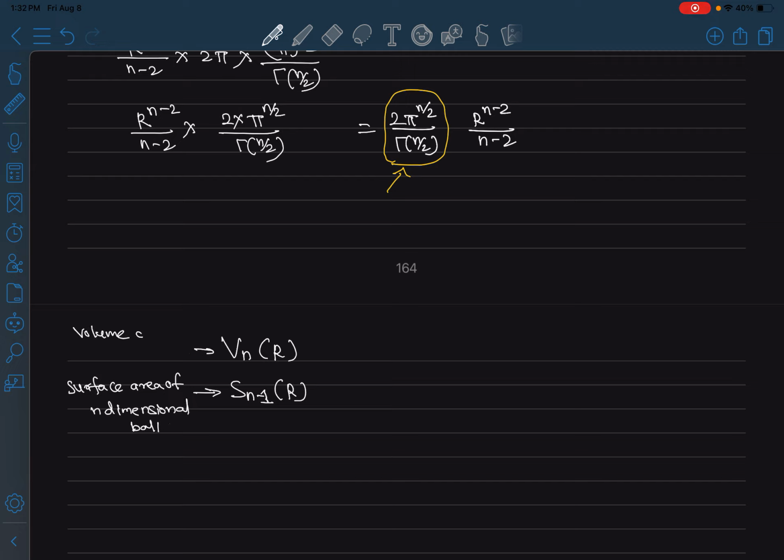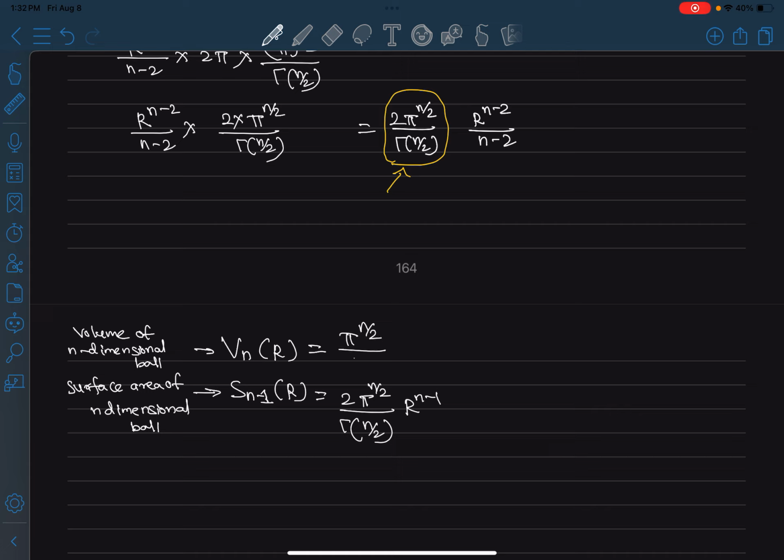Now there are formulas for it, and they have pretty good relations as well as connections. So this one is just 2 pi to the power n over 2 by gamma of n over 2, which is the exact same expression, with r to the power n minus 1. And this one is pi to the power n over 2 by gamma of n over 2 plus 1 times r to the power n.